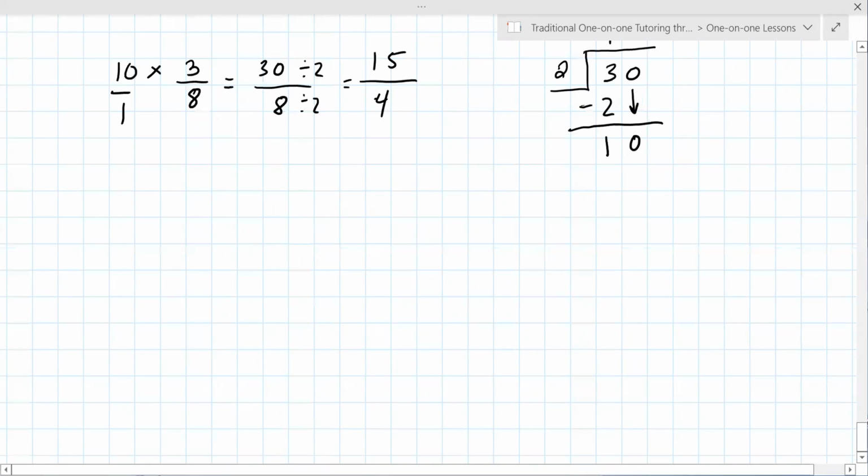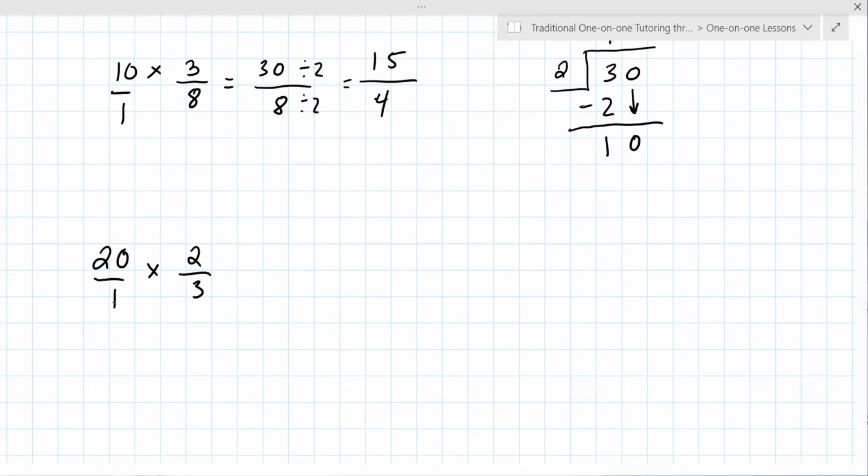Perfect. All right, let's see what else. Up here's your next problem. 20 times 2 divided by 3. Okay, so go ahead and give this a try, please. Do I have to reduce for this one now?